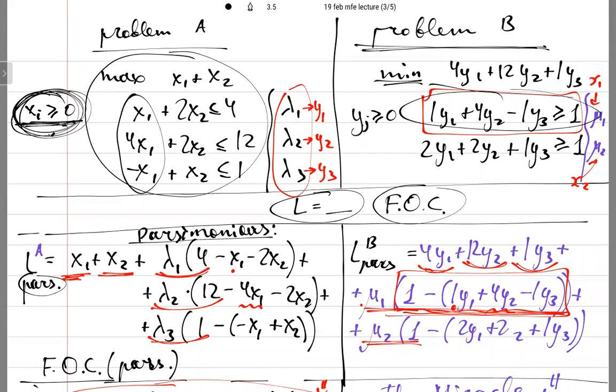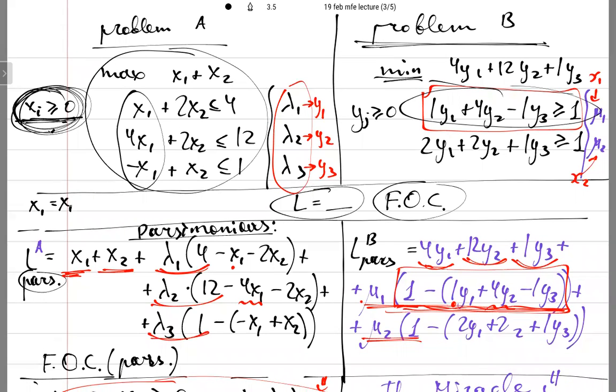Imagine that x2 is non-negative, but x1 can take arbitrary values. I will represent x1 as x1a minus x1b, and I will introduce x1a greater than 0 and x1b greater than 0, so everything is non-negative, but x1 takes arbitrary values.